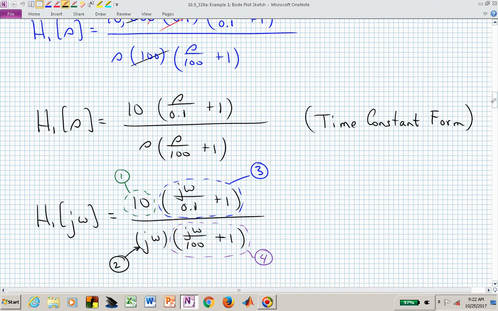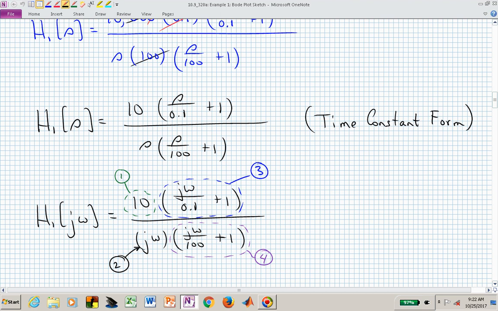And here I've tried to identify these individual terms, color code them. The first constant is green. The pole at the origin is black. The zero is blue. And the fourth term of the different individual pieces is our pole at 100, or with a frequency of 100, and that's in this purple color.